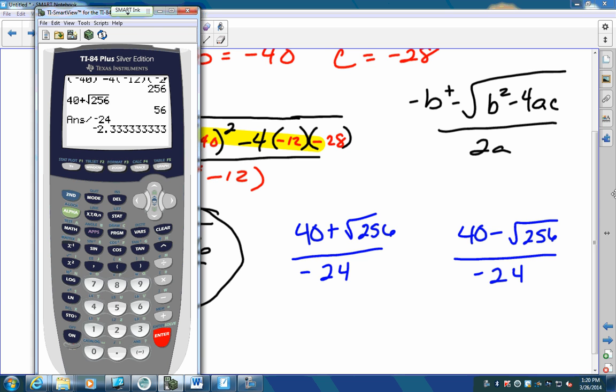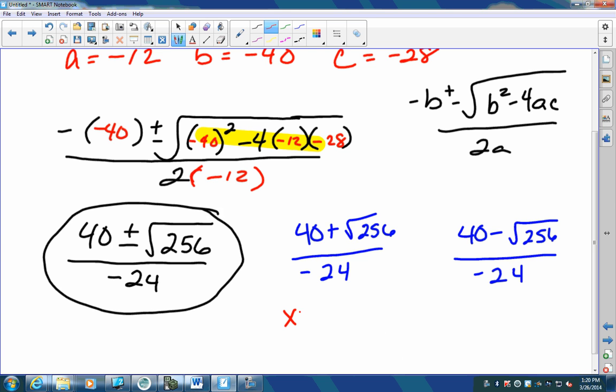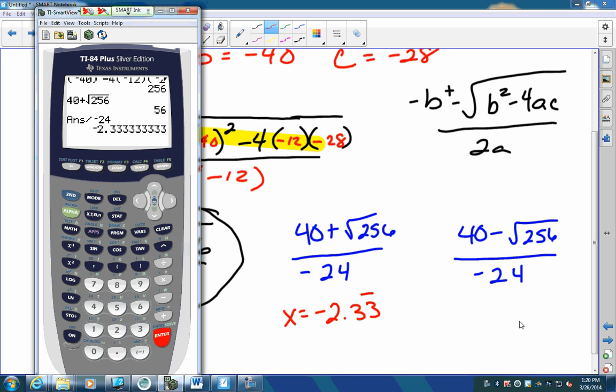One of my solutions, x equals negative 2.33, repeating. You're going to go to 2 places after the decimal. You're going to leave it as a decimal because if the test questions gave you a fraction, then you could do that.